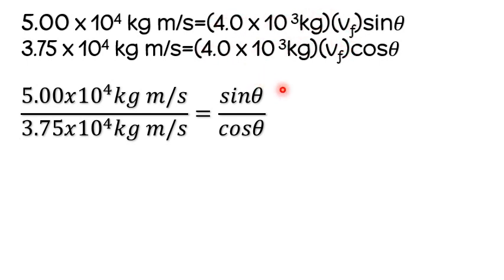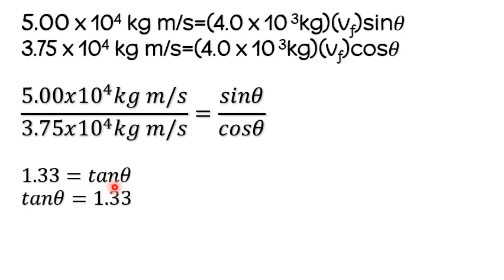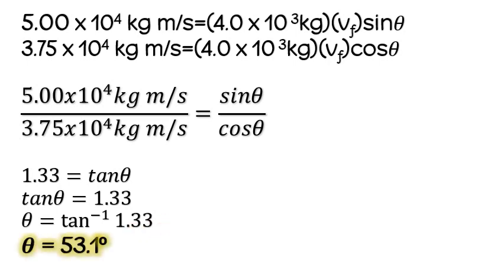Ang natira, sine over cosine. The left hand side of the equation is just equal to 1.33. Use your calculators. And sine over cosine is just tangent. Baliktarin lang natin para nasa left yung unknown. Solving for theta, we use inverse tan or arctan, 1.33. You can just use your calculators for this and you will get theta equals 53.1 degrees.